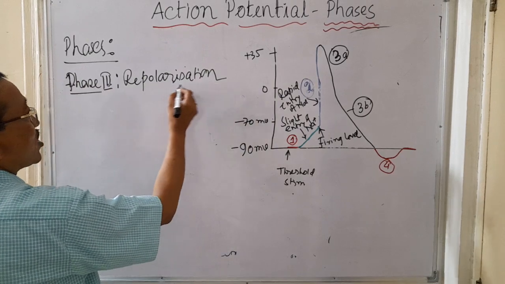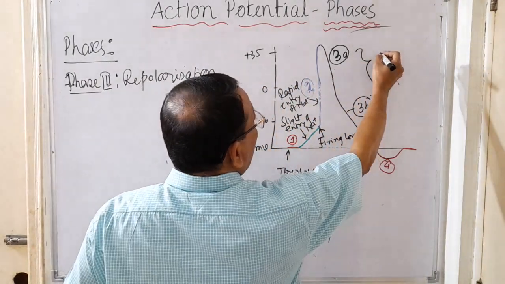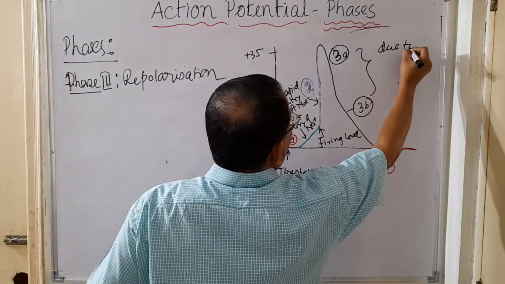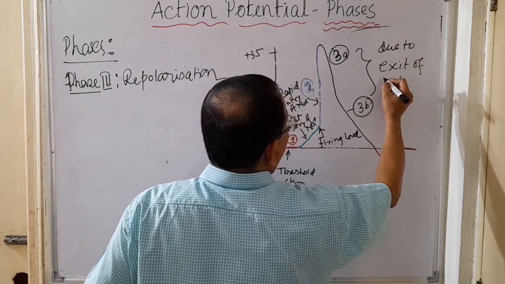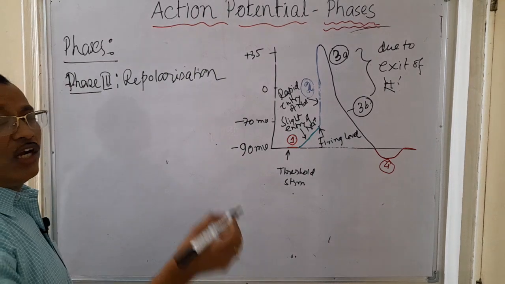This repolarization is due to exit of potassium ions from inside to outside.